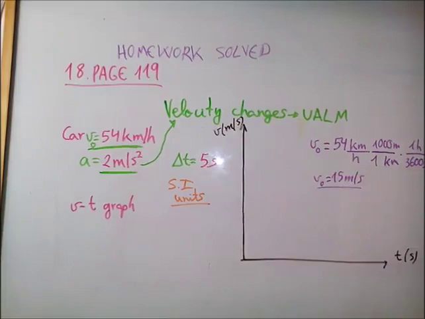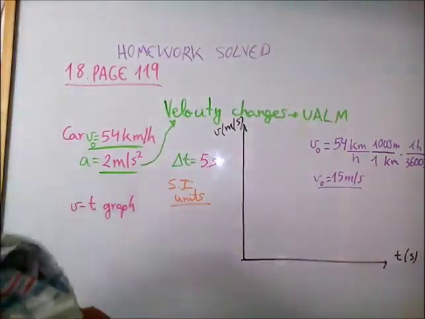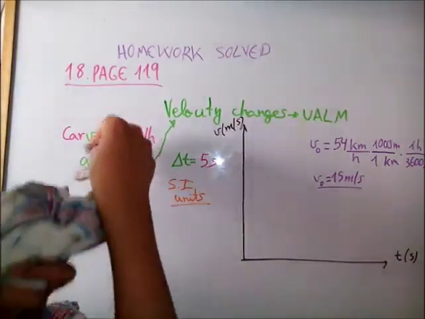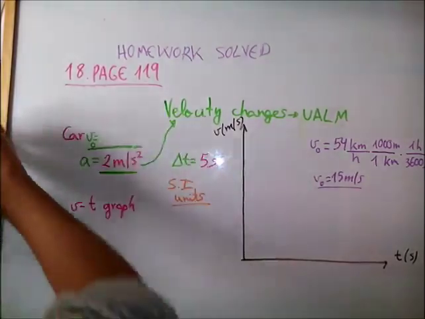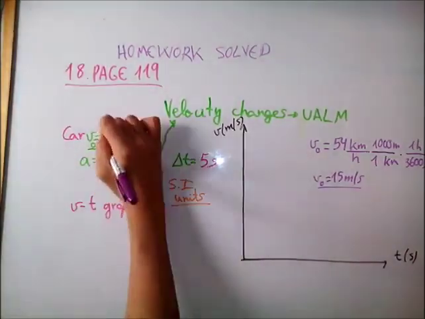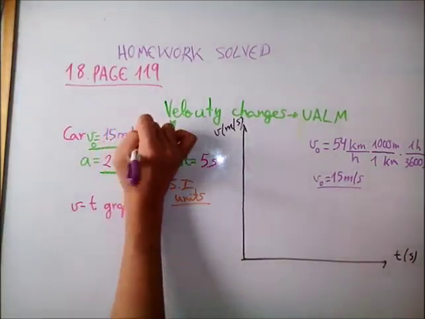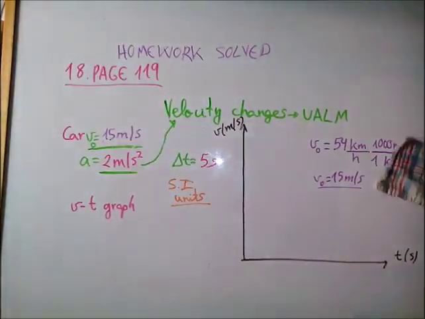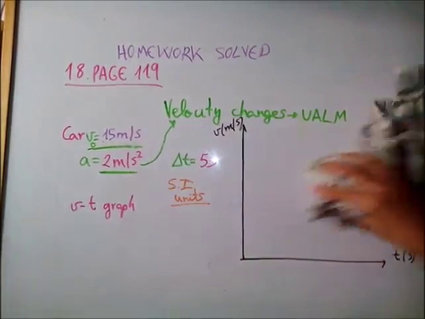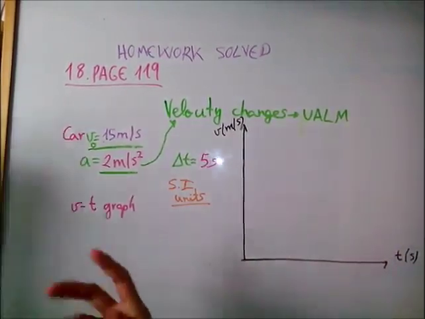Most of you did the change of unit correctly, okay? So I'm going to change this initial piece of information and write it in the international system of units. So we have 15 meters per second, okay? I'm going to erase this. And now we're going to do the graph.